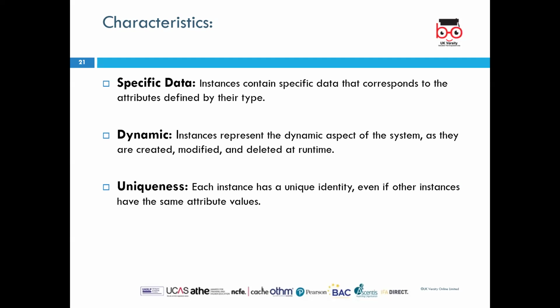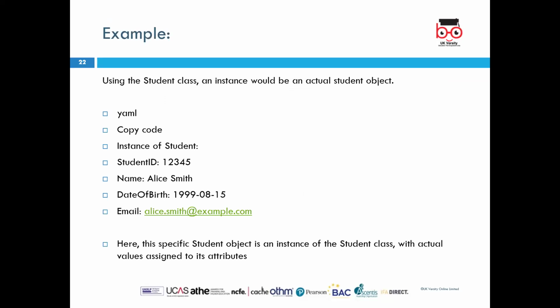Dynamic means the instance represents the dynamic aspect of the system. And uniqueness means each instance has a unique identity. Here we have an example using our student class. An instance will be our actual student object.